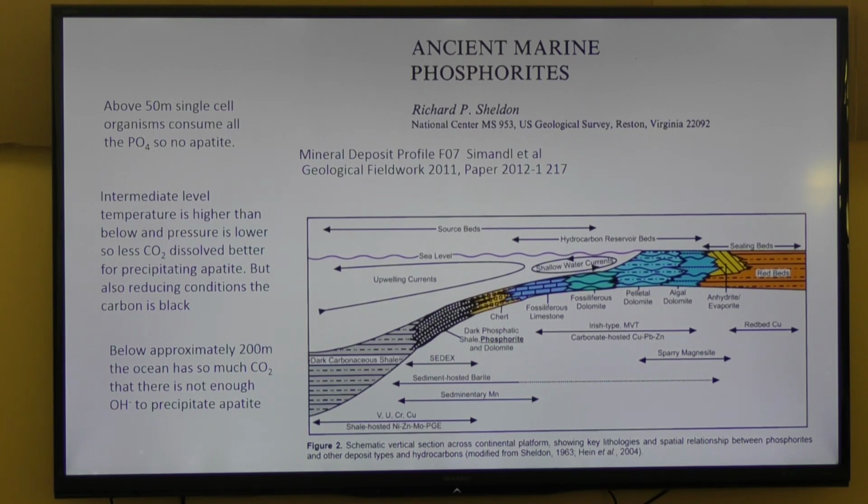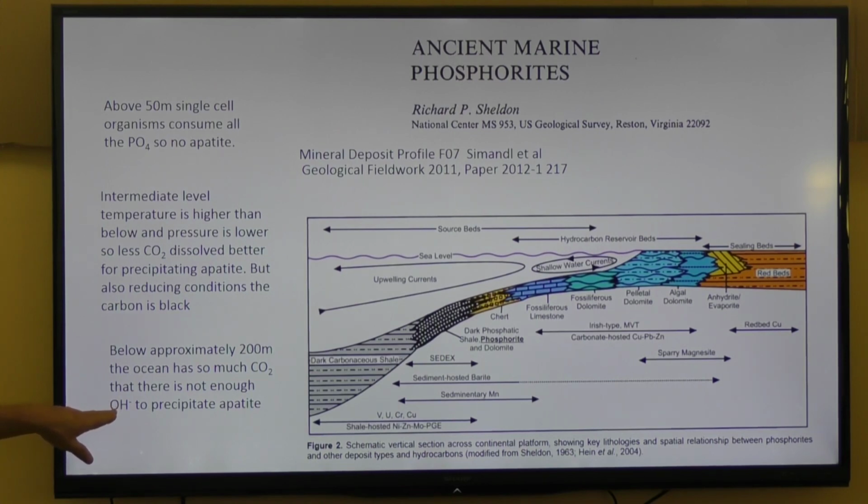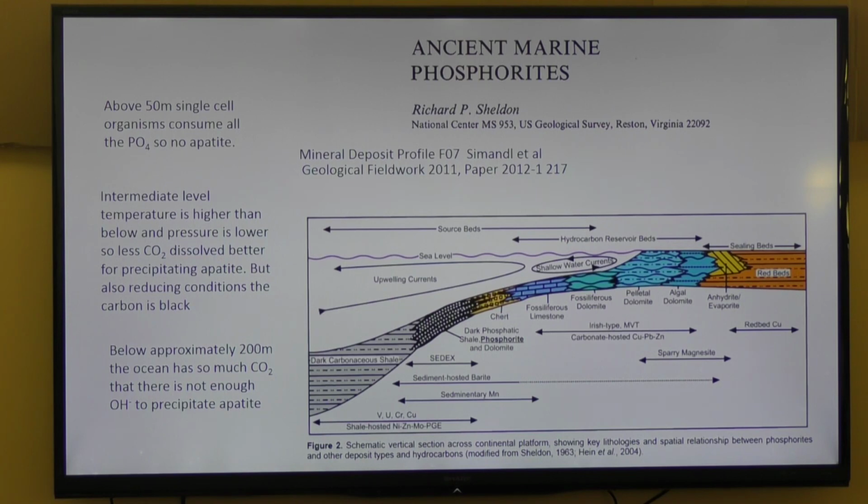At high pressure and low temperature, you dissolve more carbon dioxide, which makes the water more acidic. There's no OHs to precipitate apatite. So it precipitates in this band where there's less carbon dioxide. It's warmer, the pressure has dropped, so there's not as much carbon dioxide dissolved, and there's less living things, so you get the phosphate deposits.